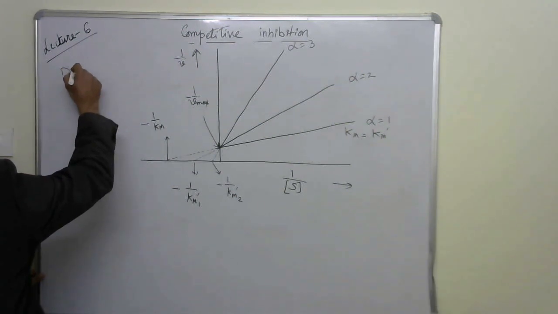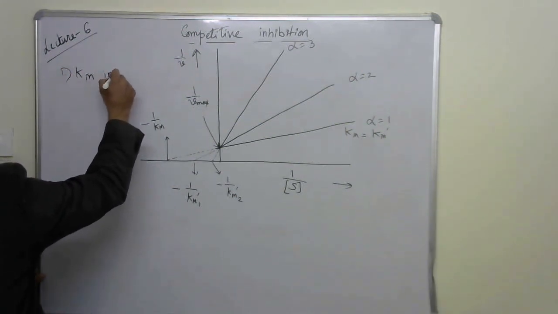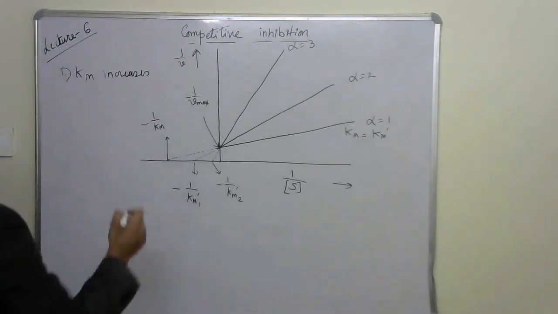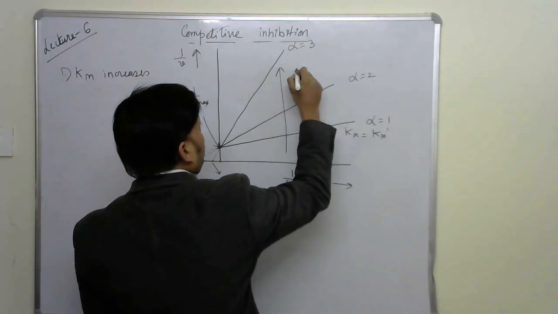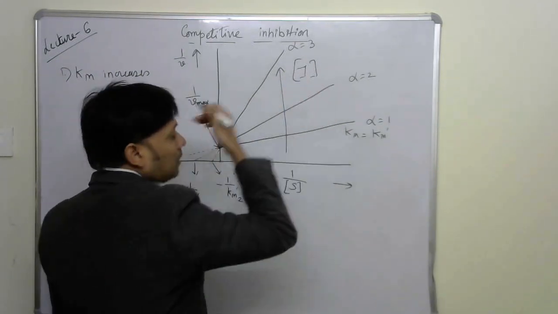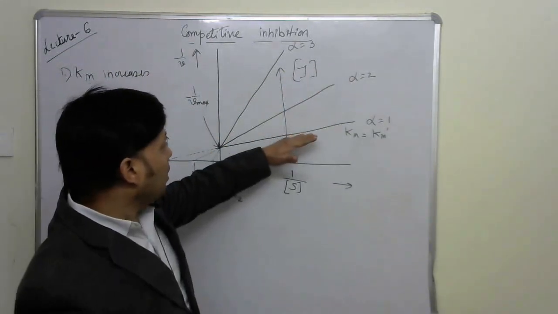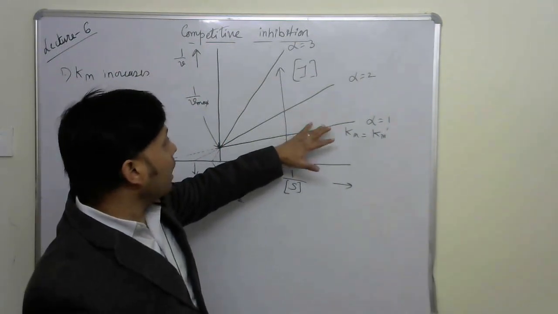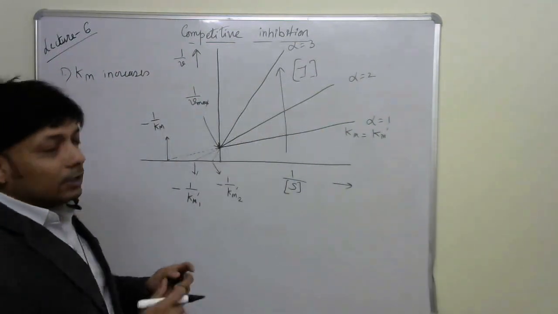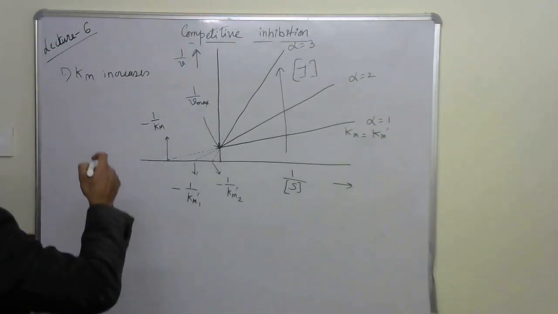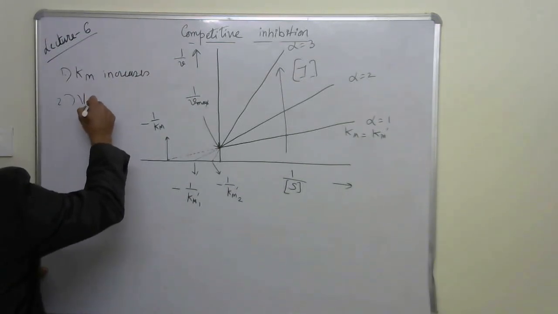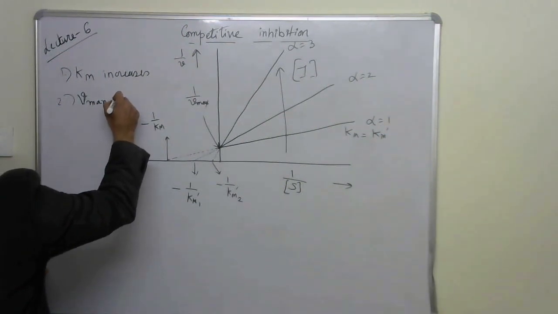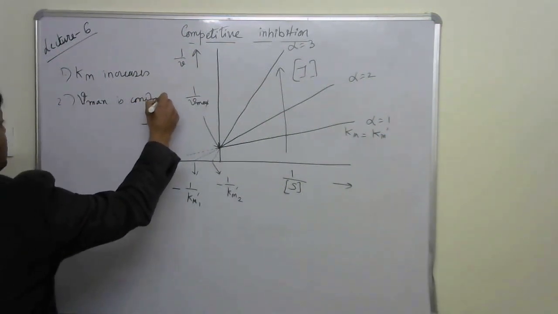Number 1, Km, the Michaelis constant, increases with increasing I. All these three graph plots have been drawn considering that, apart from alpha equal to 1, in the other two cases the inhibitor concentration is being increased. So the Km increases, and number 2, Vmax, the maximal velocity, remains the same. Vmax is constant, it does not change.